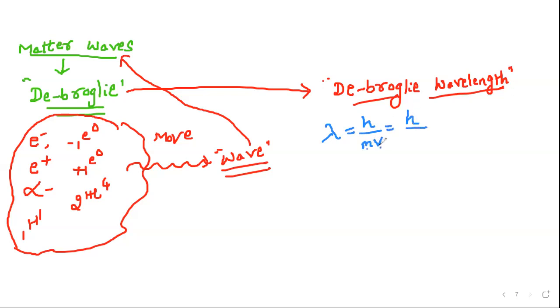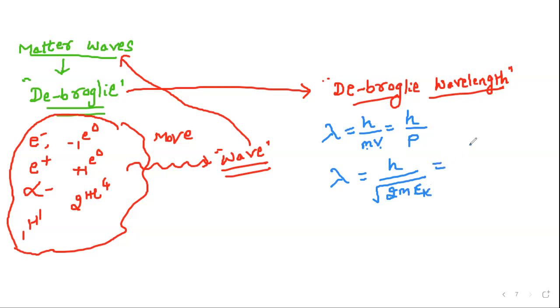You know what is mass into velocity? Momentum. Mass into velocity is momentum. And this momentum can also be taken as root of 2 times m into Ek, where Ek represents the kinetic energy.